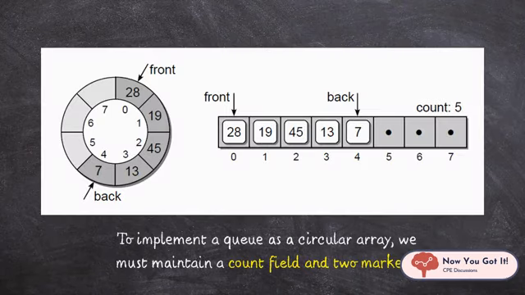To implement a queue as a circular array, we must maintain a count field and two markers. The count field is necessary to keep track of how many items are currently in the queue, since only a portion of the array may actually contain queue items. The markers indicate the array elements containing the first and last items in the queue.